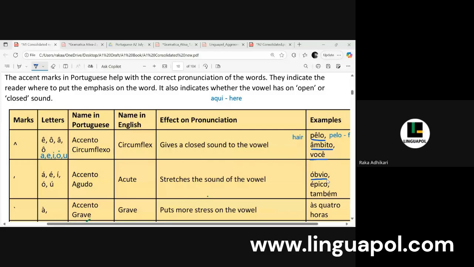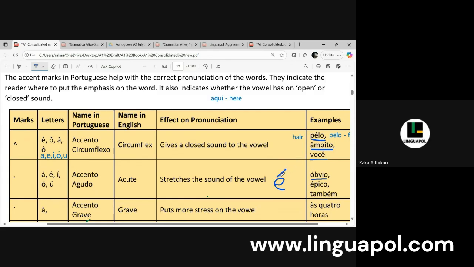So acento agudo, just to revise once again, the English name is acute accent. The Portuguese name is acento agudo. It comes with all the vowels. It looks like this. It starts on the top of the letter and goes rightwards, for example, the letter A. It will start on top of the letter and it will go rightwards. Always remember, towards the right.